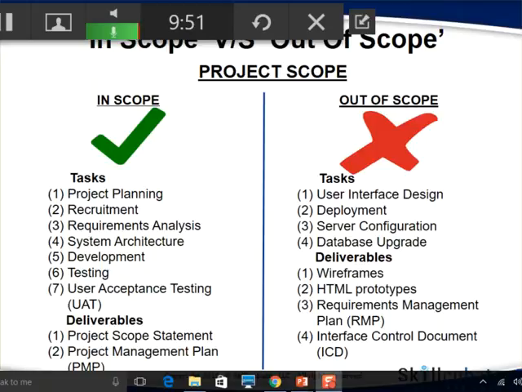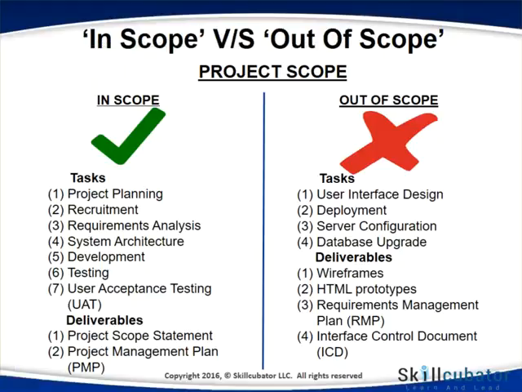For example, your project planning, your recruitment, requirements, system architecture, development, testing, UAT, all these activities are part of the scope. Your deliverables such as project scope statement and PMP is also part of the project scope.